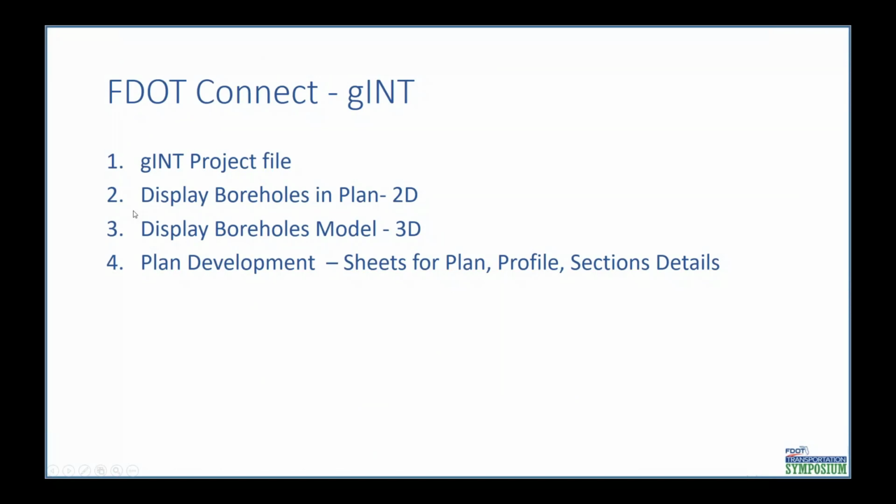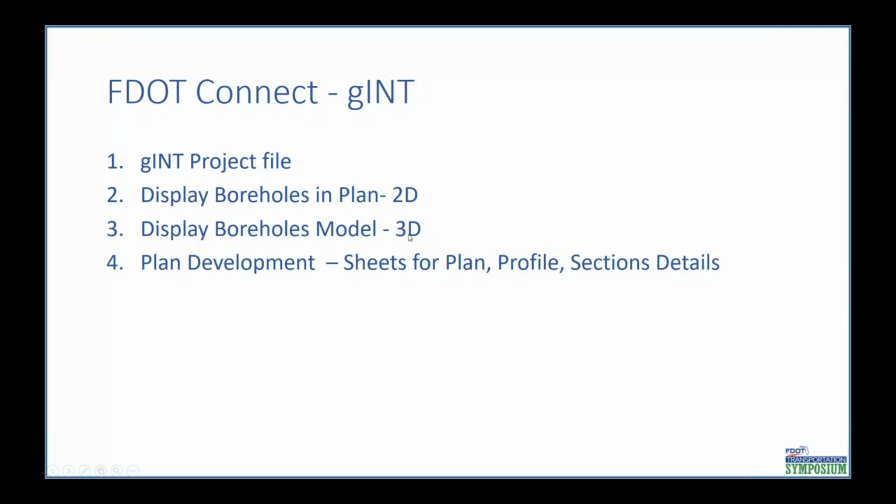As far as the FDOT Connect version, of course, it's all incorporated in the FDOT Connect because it's part of OpenRoads Designer. But essentially, we're going to open up a gINT project file or a gINT Excel spreadsheet, and then display the boreholes in a plan view.